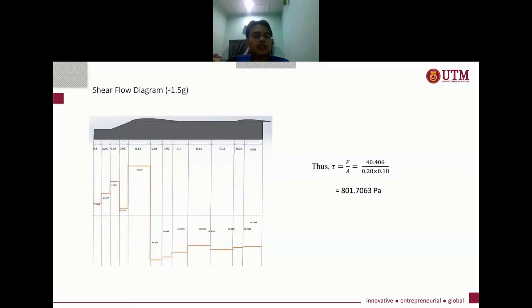Next is type 2, which is using negative 1.5 G. From the shear flow diagram, the maximum value of stress is concentrated at the middle of the wing, with a value of 801 Pascal.